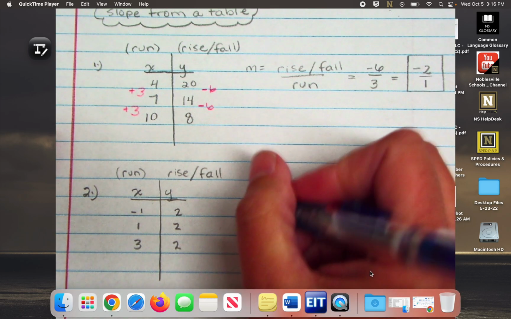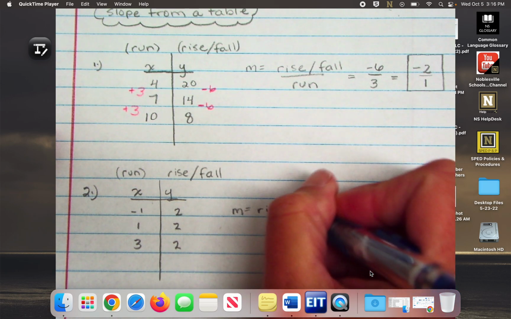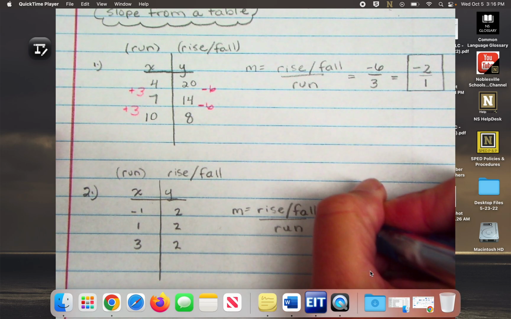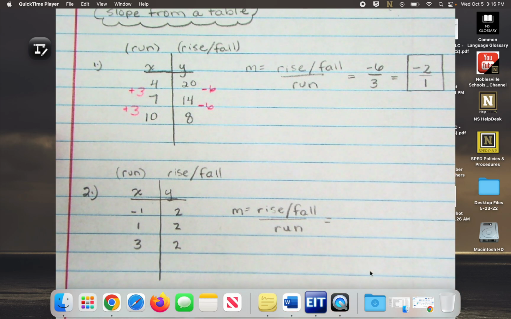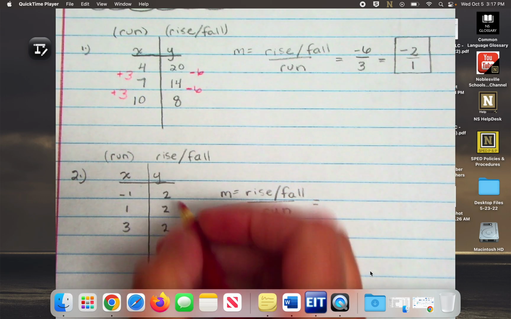Okay, so let's find the slope. Remember, it's rise or fall over run. What is my change in my y values? 0.